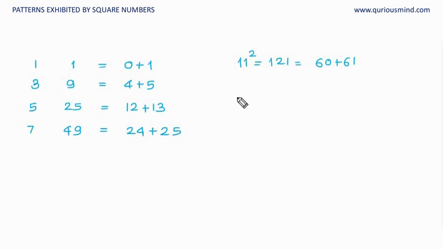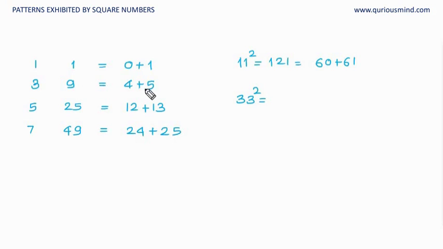But let's say I don't know the square of 33 and I want to write it as the sum of two consecutive numbers. How do I do that? Okay, so let's see the pattern here. The pattern here is that 4 can be found as 9 minus 1 upon 2. So 9 minus 1 is 8, 8 upon 2 is 4.